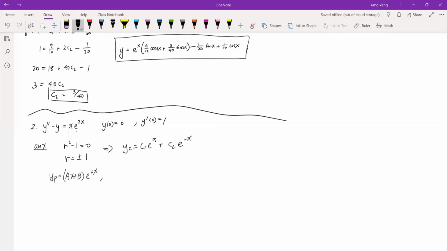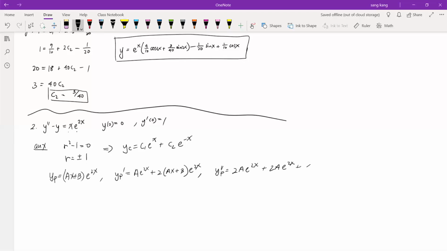Let's find our derivatives. Yp prime is going to be a e to the 2x plus, product rule, 2 times (ax plus b) e to the 2x. Y double prime yp is going to be 2a e to the 2x plus 2a e to the 2x.